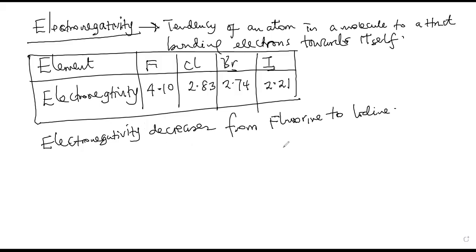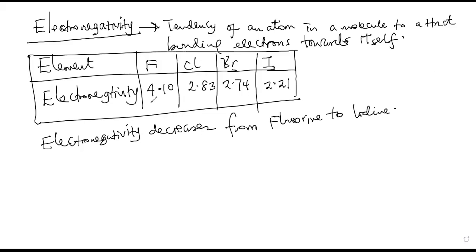Electronegativity decreases from fluorine to iodine. I may not need to put the word generally because that is a general trend. On the other side I used generally because there were some values which are higher than the others, but there is a general decrease.